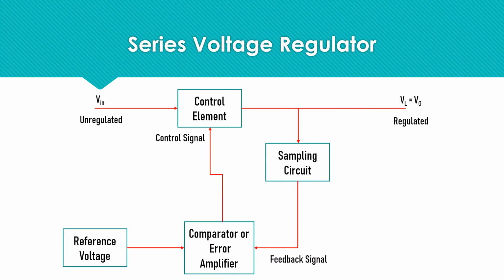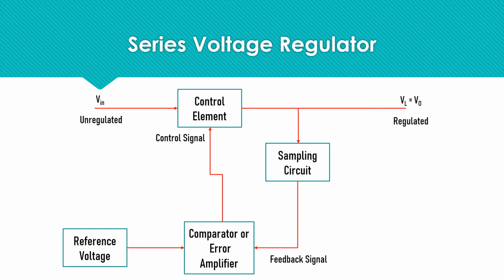And the next part is the series voltage regulator. In this case, as we can see, the control element is placed in series with the load itself. In this case also, the output voltage is taken through the sampling circuit and given as a feedback signal to the comparator or the error amplifier.